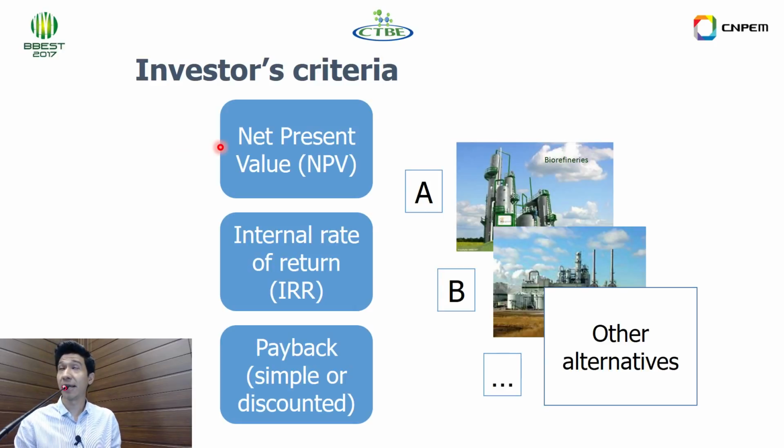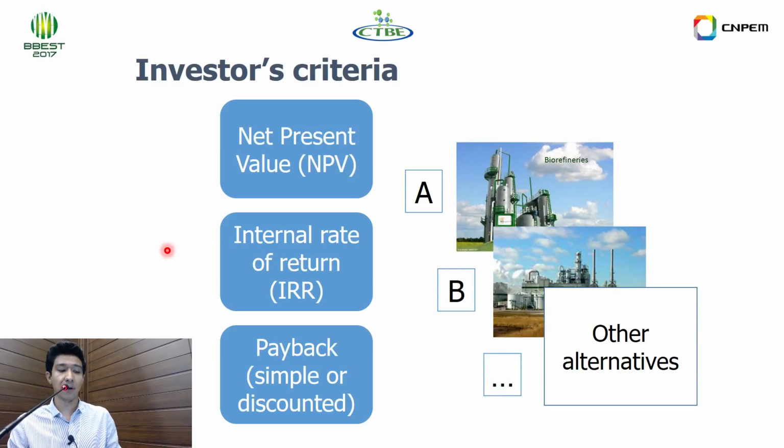So let's say that the net present value of a project is 100 million reais. The net present value has to be positive, always. And for example, 100 million reais means that a given company will add 100 million value to its company. So it's interesting, for example, to have this project added to the options of the company because it's positive and it's higher when compared to the other options.